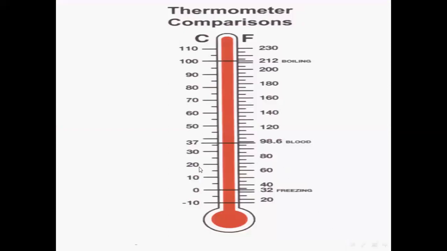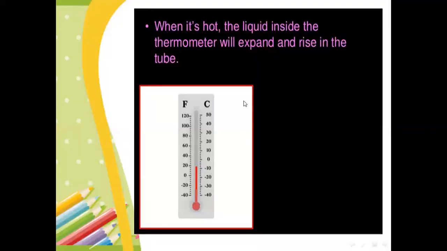Here you see a thermometer is made up of transparent glass. This one is called the Celsius scale, and that side is called the Fahrenheit scale.